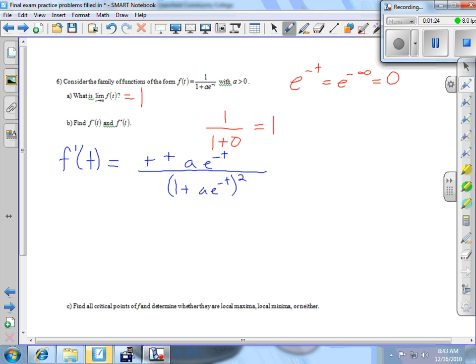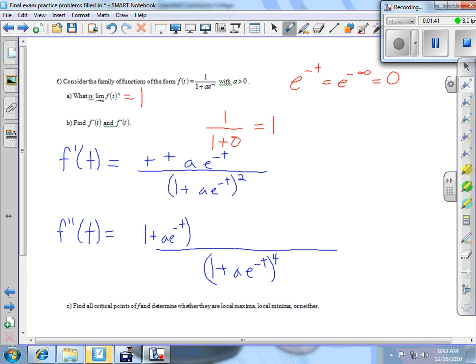Okay, and then next derivative, f double prime of t equals, okay, so we could do quotient rule again. Square the bottom. So now we do bottom times the derivative of the top. So the derivative of the top is a negative ae to the minus t, minus the top times the derivative of the bottom.